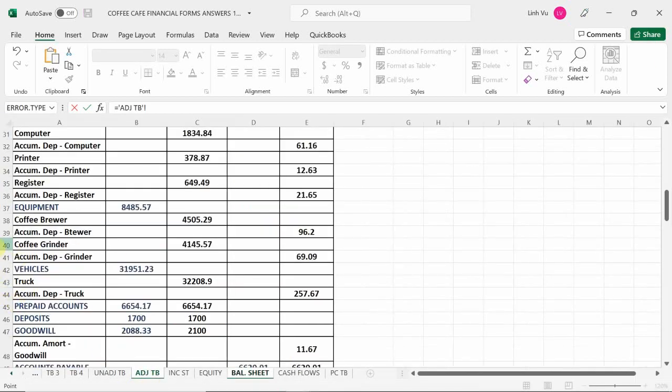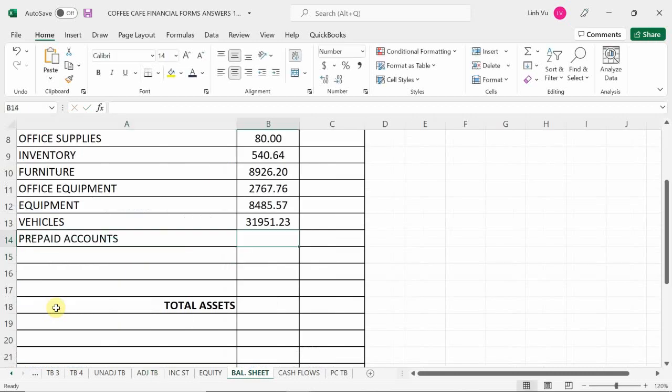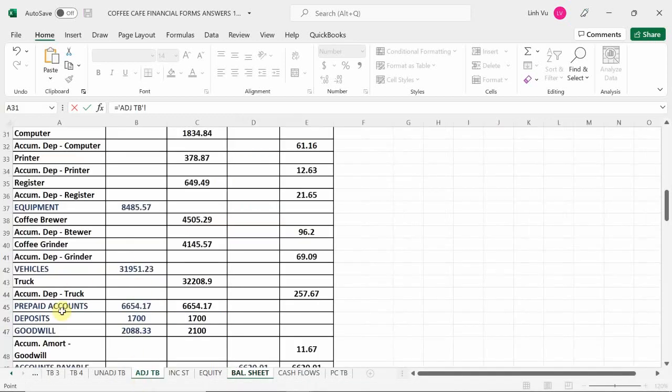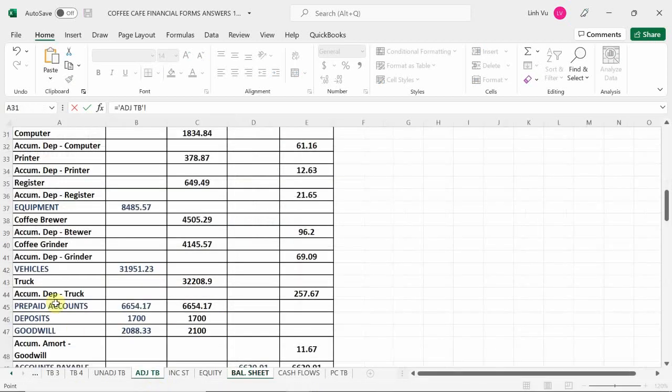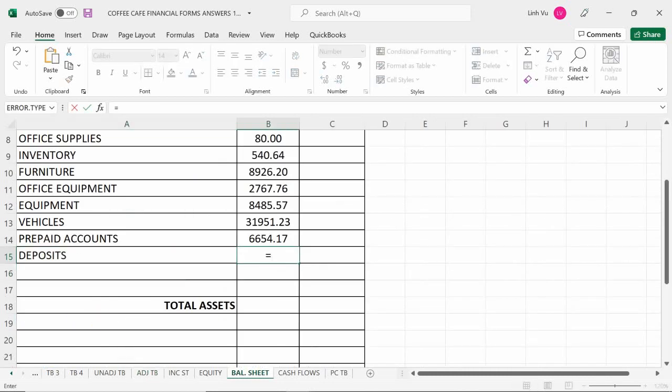I have prepaid accounts currently at 665417. I have my deposits at 1700.